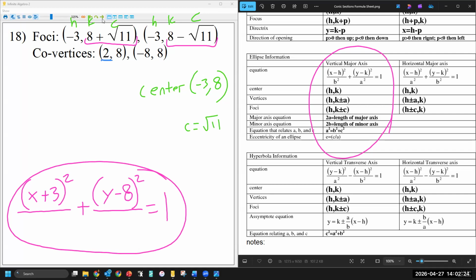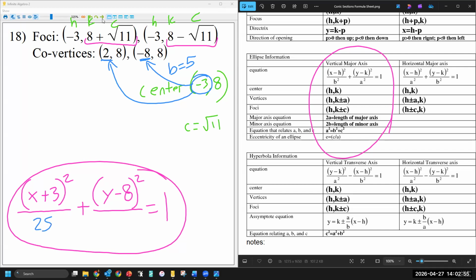Now it's the x value that's changing, so we're going to use the x value in the center and ask how far is it from -3 to 2, or from -3 to -8. Both the same. The distance from -3 to 2 or -3 to -8 is b, and that is 5 units. So my b is 5, and 5 squared is 25.